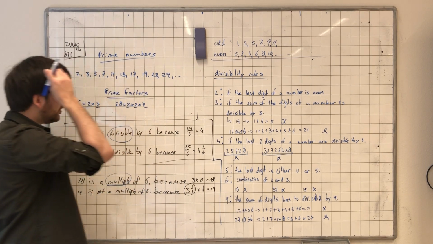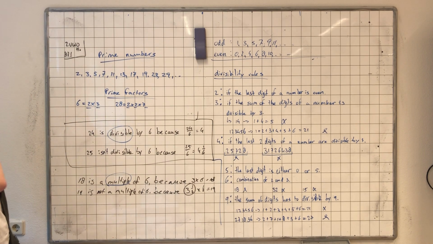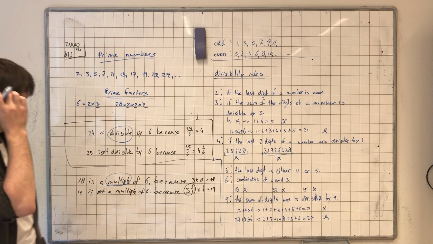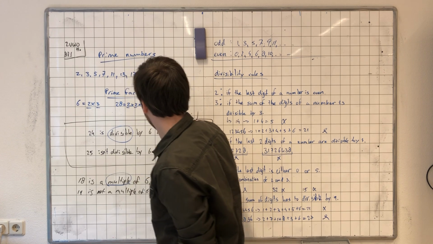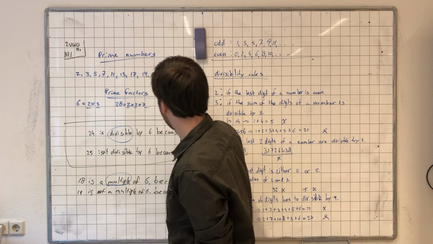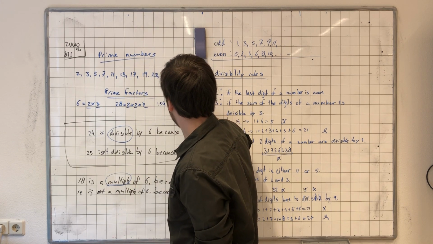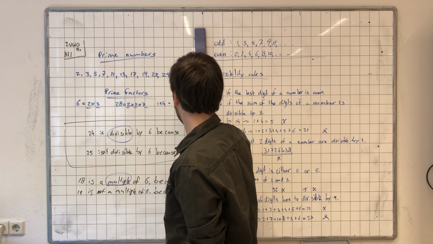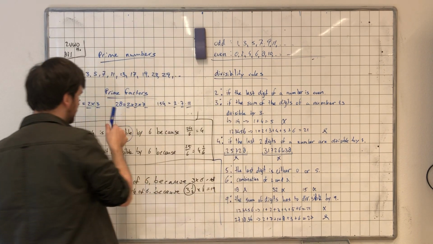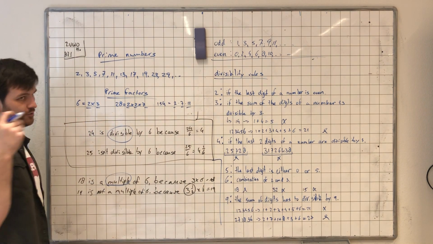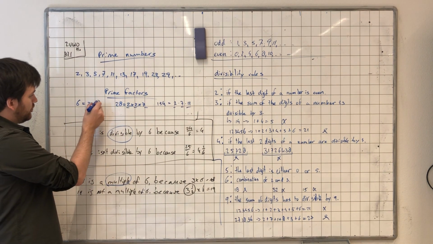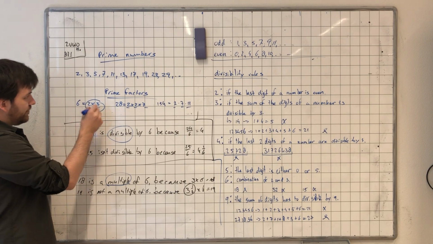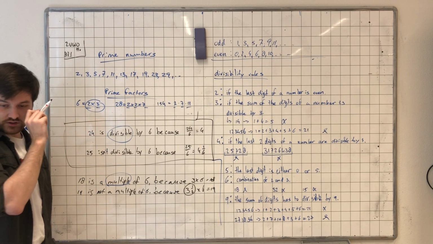All of these things are prime numbers. If we're going to look at 154, it's 2 times 7 times 11. All of these things are prime numbers. So a multiplication of prime numbers gives you the prime factors of a number. So 2 and 3 are prime factors of 6.